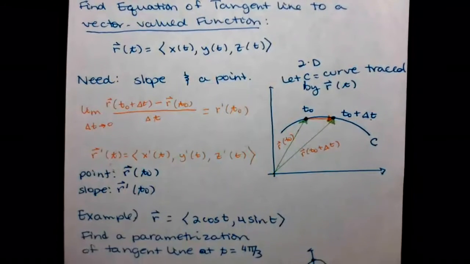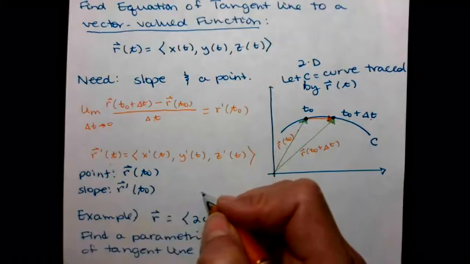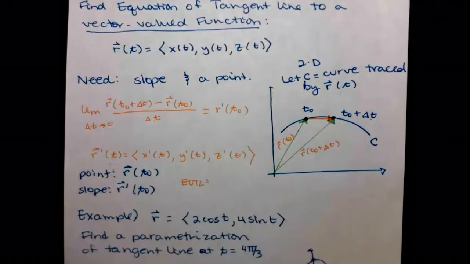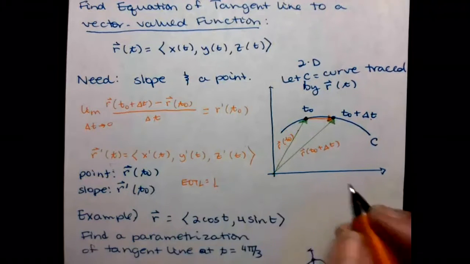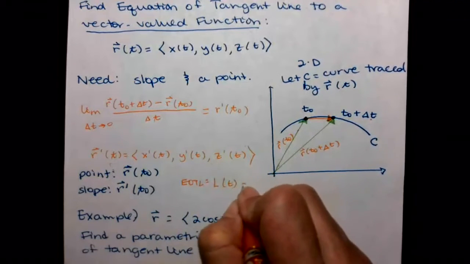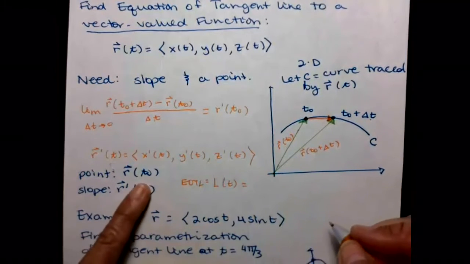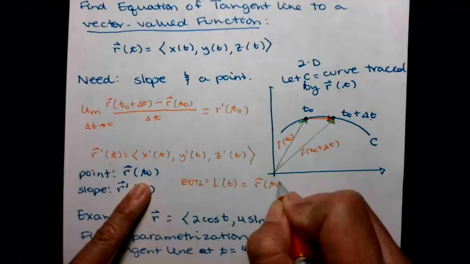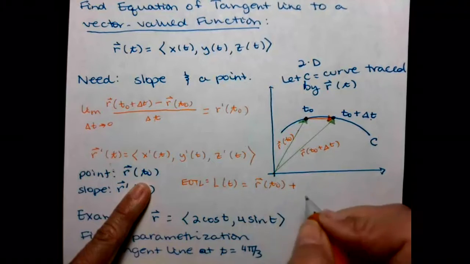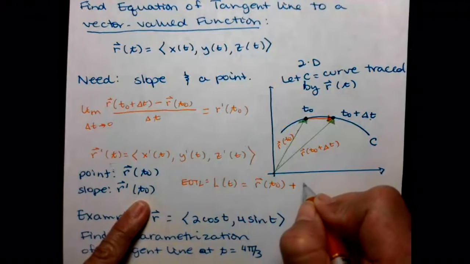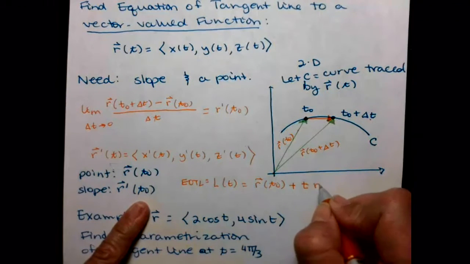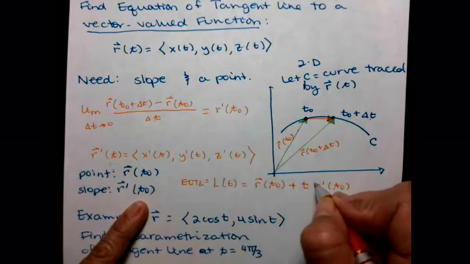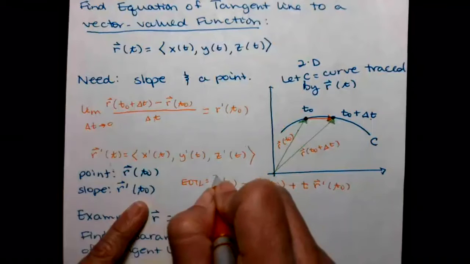Then the equation of the tangent line, parametrically, if we use L of t, is going to be equal to our starting point, r of t naught, plus now this parameter t times r prime at t naught.